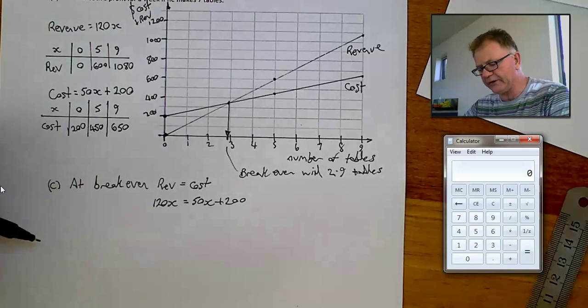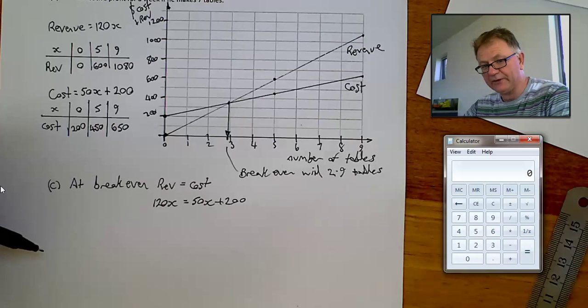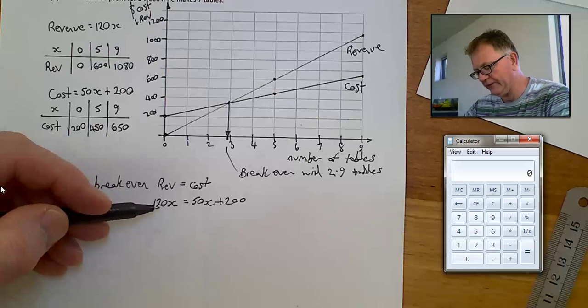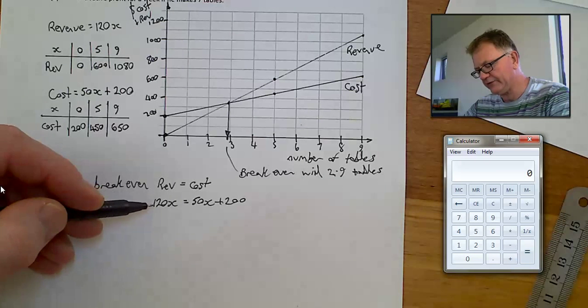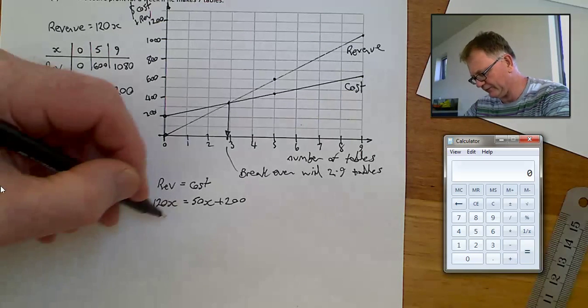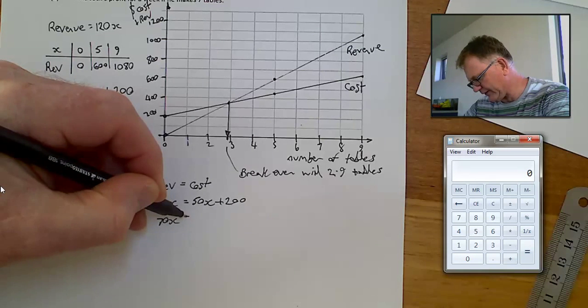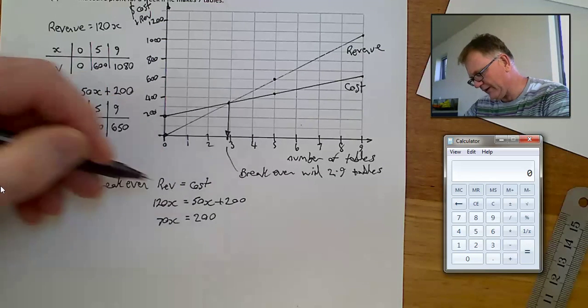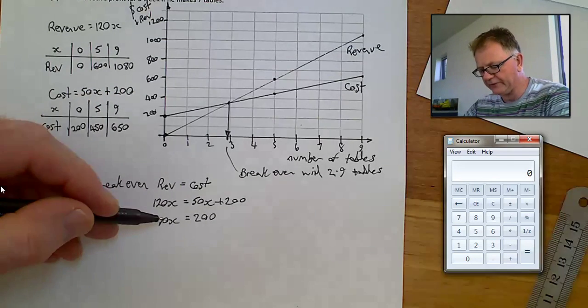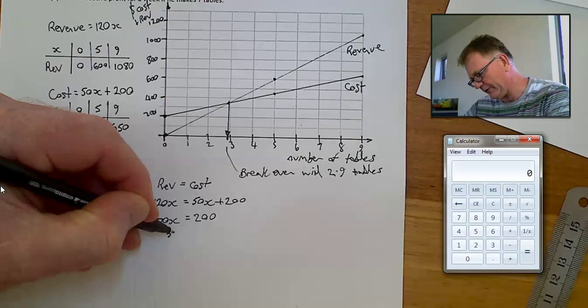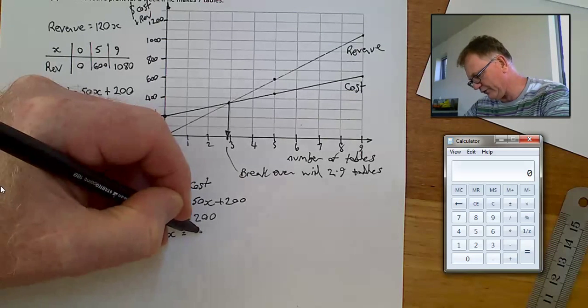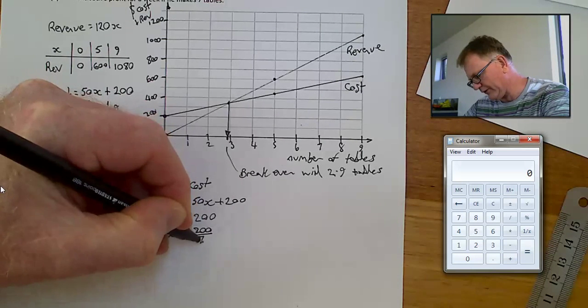Now I've got a little equation which I can solve. If I shuffle that round until I get x equals something, the answer we get should be the break-even point. In other words, take 50x from both sides. 120x minus 50x will give me 70x. 70x equals 200. Now to get x by itself, that's 70 times x, so I divide both sides by 70. x equals 200 divided by 70.